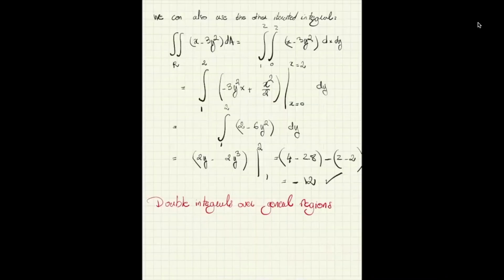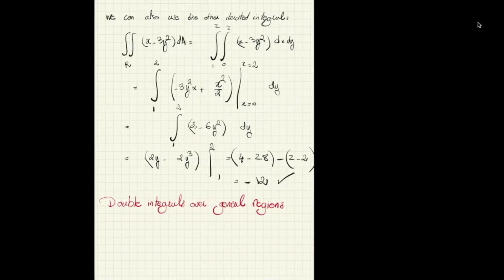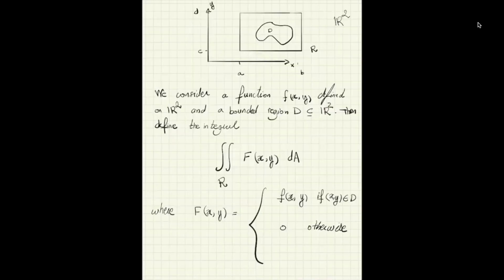And then we started talking about double integrals over general regions, which means that if I have a region D that is not necessarily a rectangle, then we also wanted to compute the volume that lies above this D. We use what we know about integrals over a rectangle, and the fact that these are in general bounded regions.